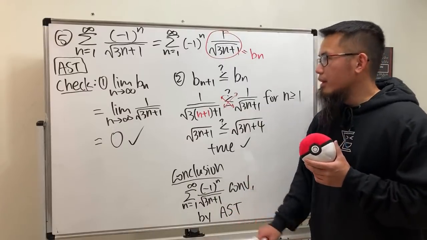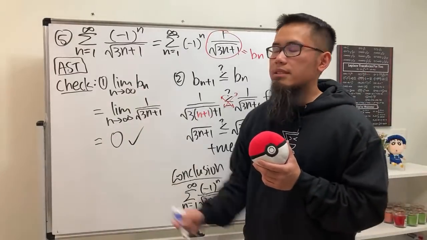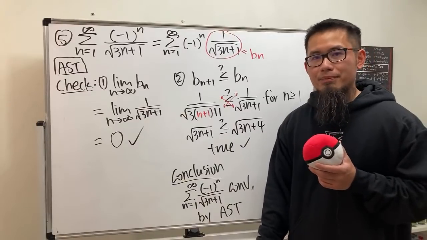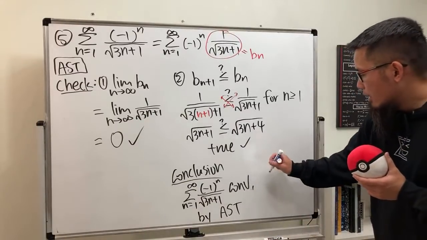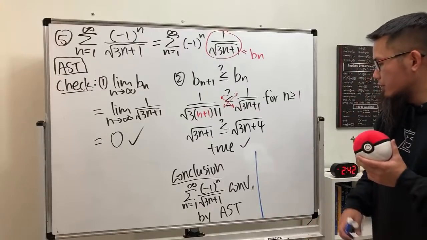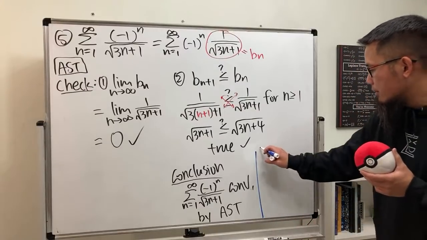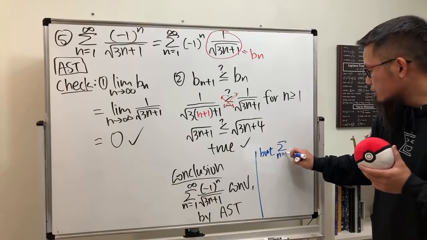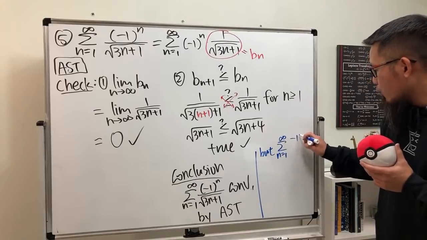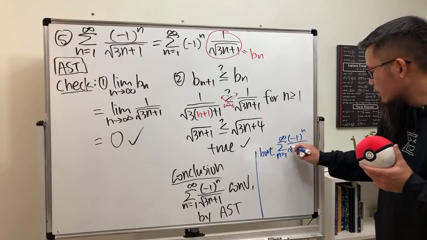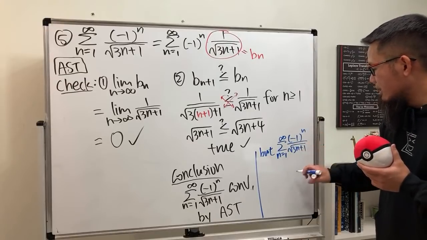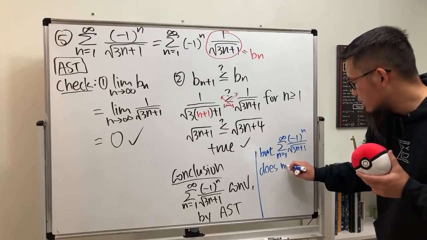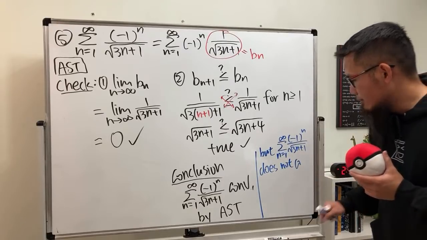However, if the question is asking you, does this converge absolutely or not? It does not, right? This is just a side note, but the series as n goes from 1 to infinity, negative 1 to the nth power over this right here does not converge absolutely.